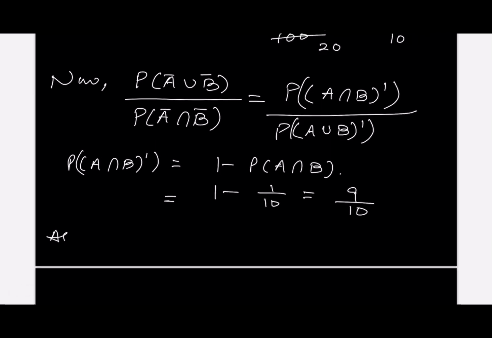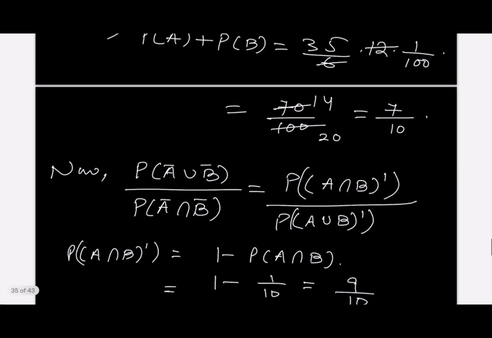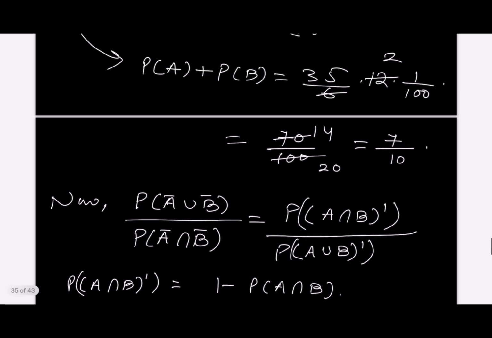Also, using P of A union B, which is P of A plus P of B minus P of A intersection B. P of A plus P of B is 7 by 10, we have found this, right?